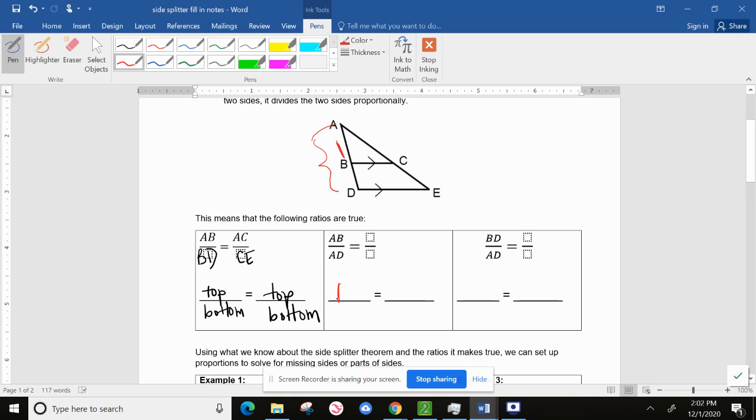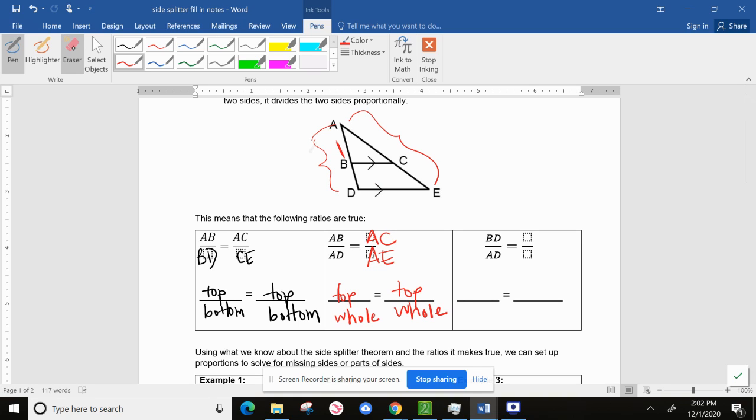So over here, the top part is AC. And what is the whole side of this triangle? That is AE. So that is another proportion, okay? So again, it was just the top part of that segment, and then to the whole. All right, there's another proportion.